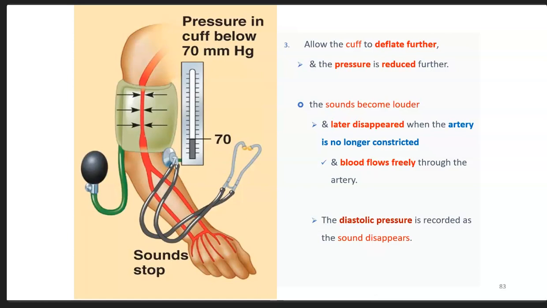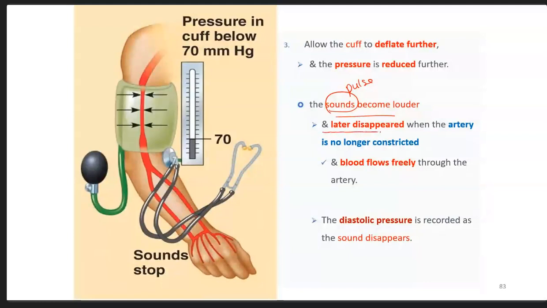From the first sound earlier, as you release the pressure, the sound, the pulse sound that you hear using the stethoscope, becomes louder.